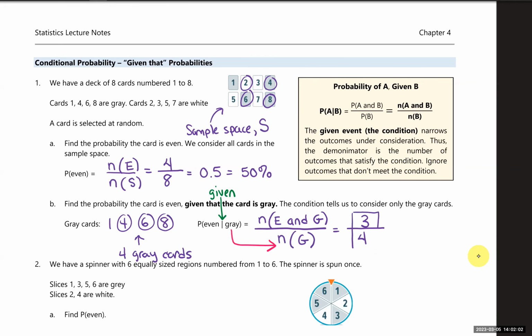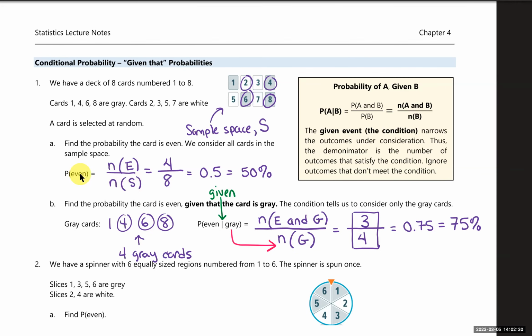And that's it. So if you can just remember your condition restricts the cards you're looking at, it hopefully will be pretty straightforward. I'm just going to do decimal and percent for consistency because I did it last time. But I'm going to emphasize here the fraction form. So the probability of even, knowing you can only look at gray cards, the denominator there, 3 out of the 4.